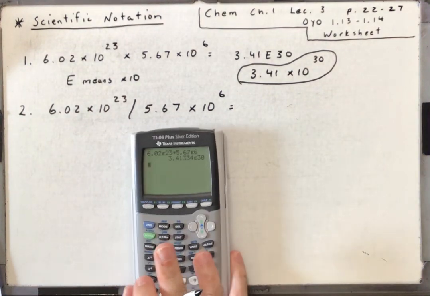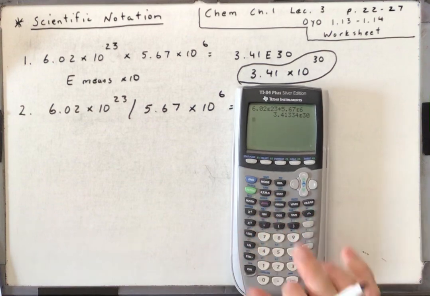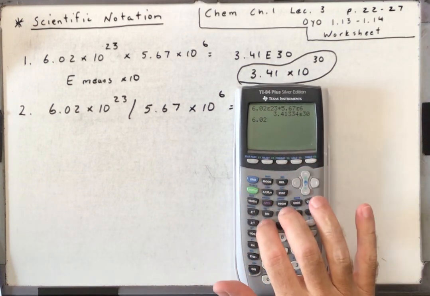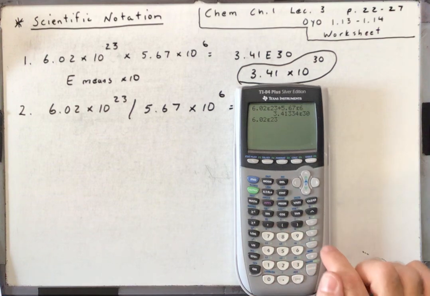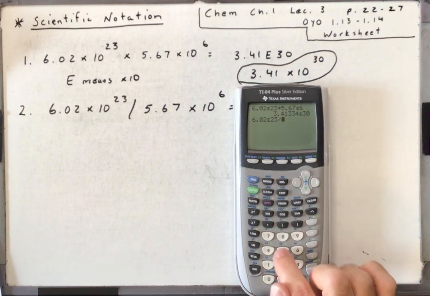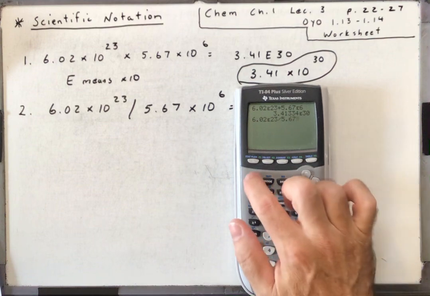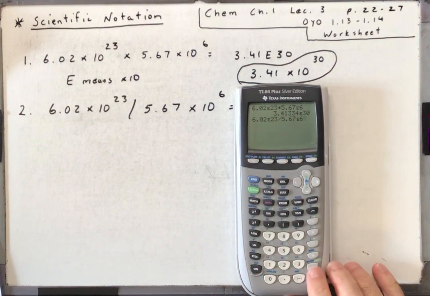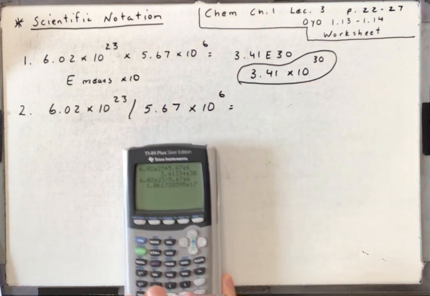Okay, let's do it the way I told you with the double E button first. So 6.02, second, double E, 23. Divide that by 5.67, E6. All right, don't put any 10s in, okay? And that is 1.06.